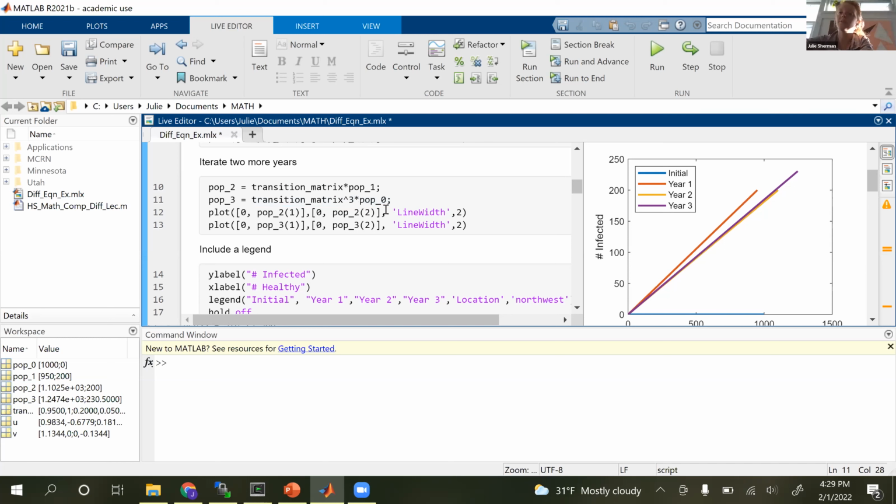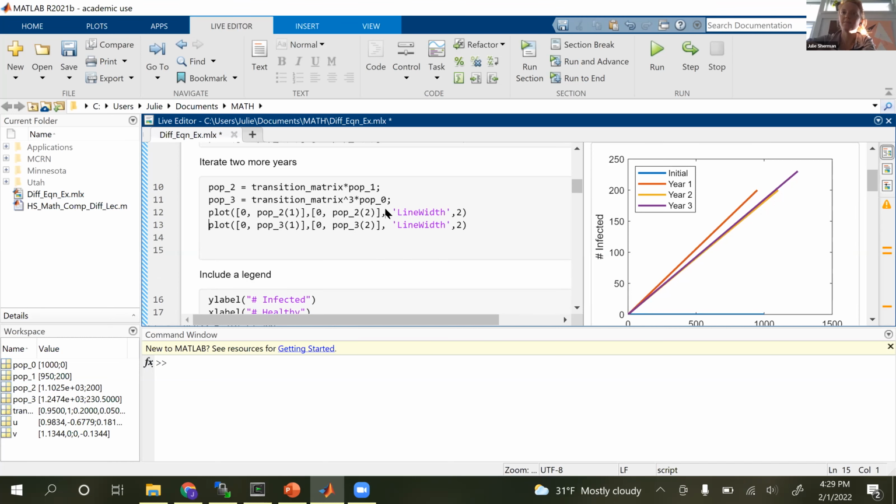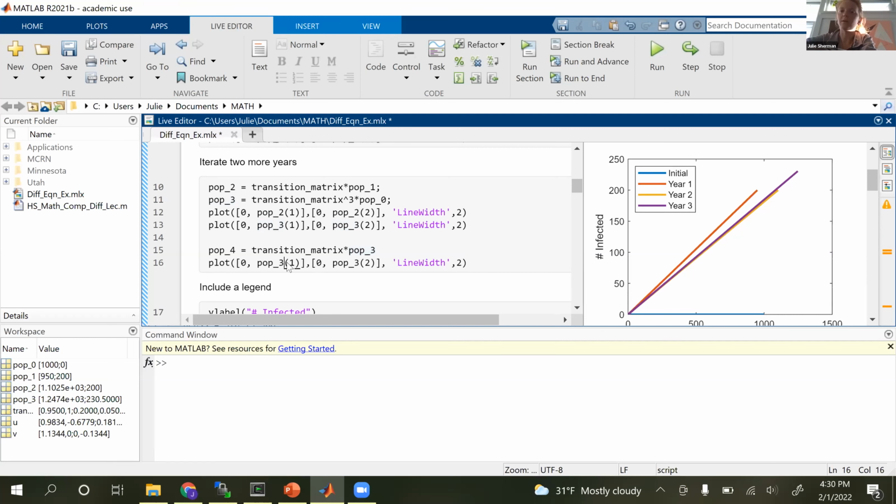So if I were to include a 4th year, I would multiply the transition matrix by my population at time 3. And then I can overlay it with the same command, except now I'm using top 4.